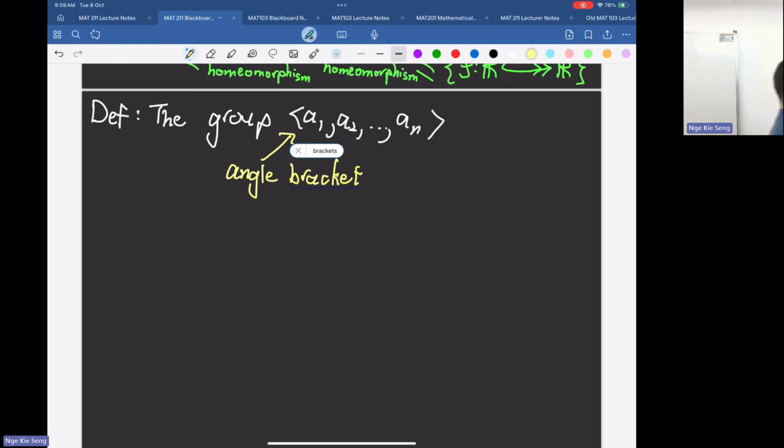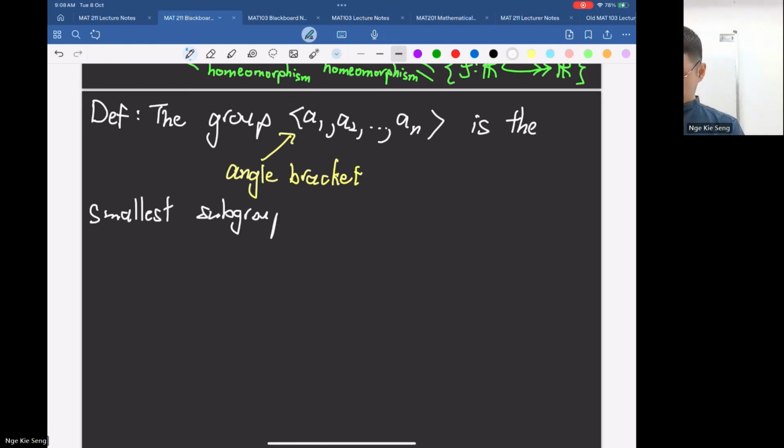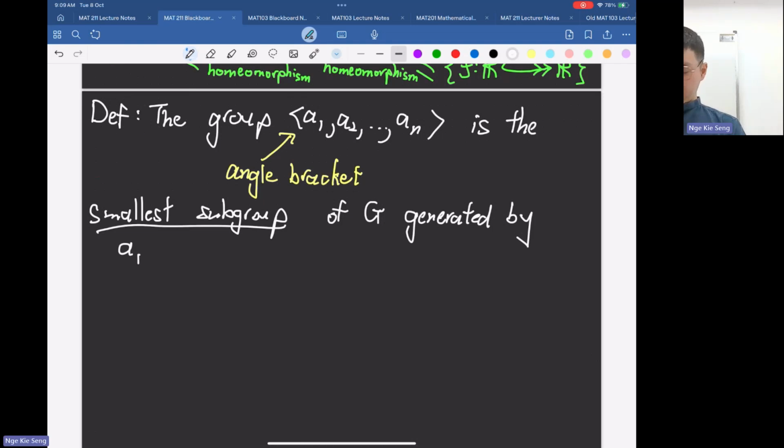So this angle bracket with some group elements here, what does it mean? We define this as the smallest subgroup of G generated by a1, a2, up to an. So these elements are in G.